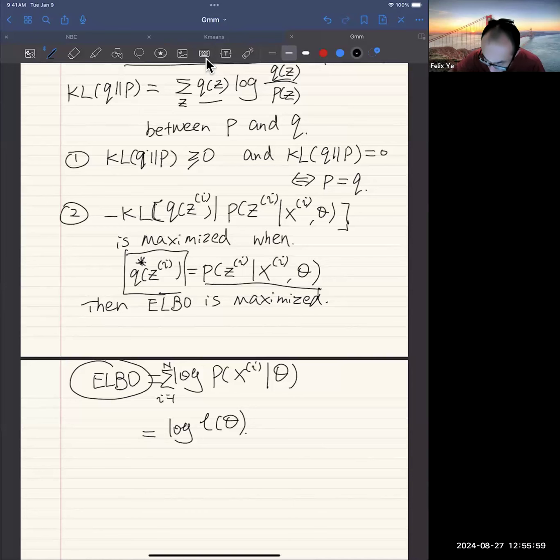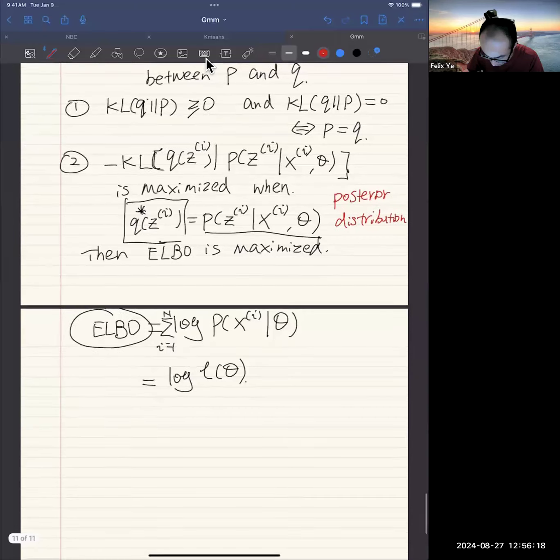This is nothing but the posterior distribution, the probability of z_i conditional on x_i and theta. And this is a tight lower bound. So ELBO is a tight lower bound.